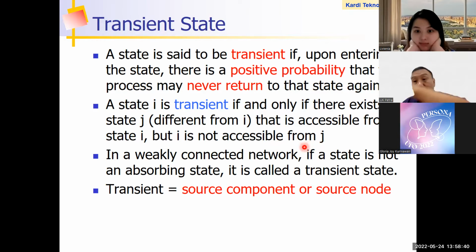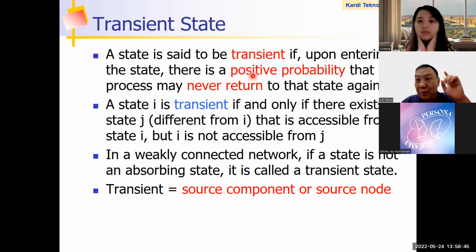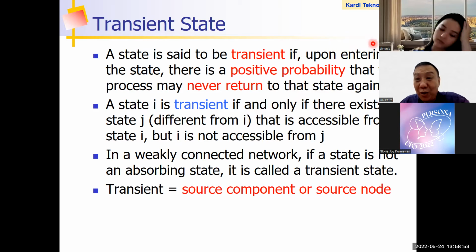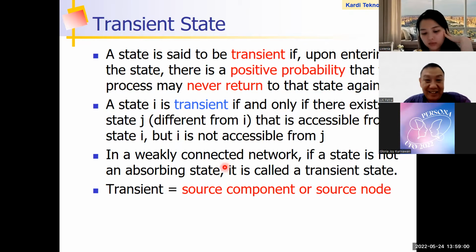So you can go out, with positive possibility of never being able to return. So you leave your parent and after you get married, you never return. Then you are in the transient state. This is the example.